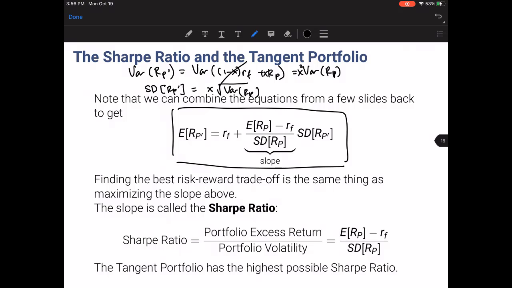And also recall that the expected return of our portfolio that includes the riskless asset, RP prime, is equal to (1 minus x) times RF plus x times the expected return of our risky portfolio.